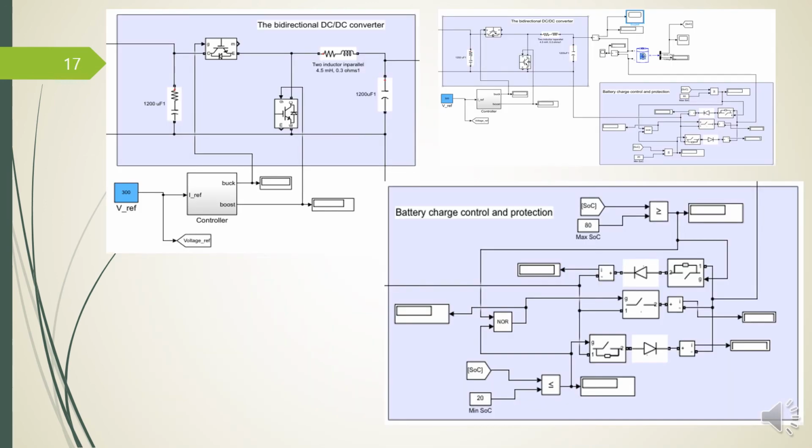This slide shows the battery charging control and protection. This part is a bidirectional DC to DC converter that is controlled with a voltage controller to provide a constant DC voltage to charge the battery.